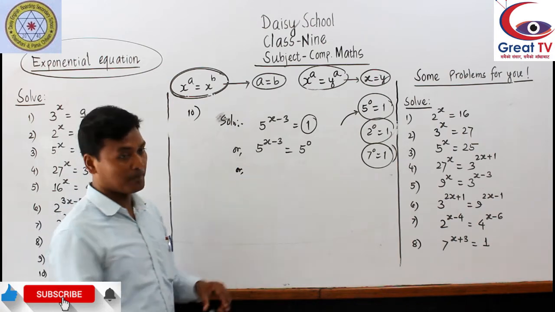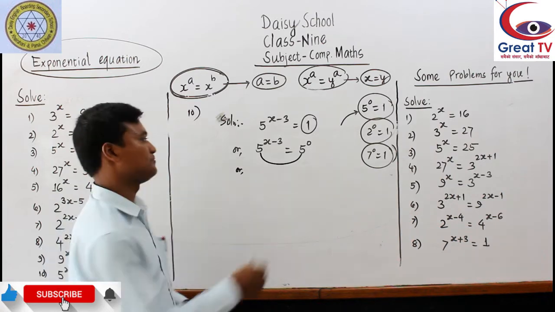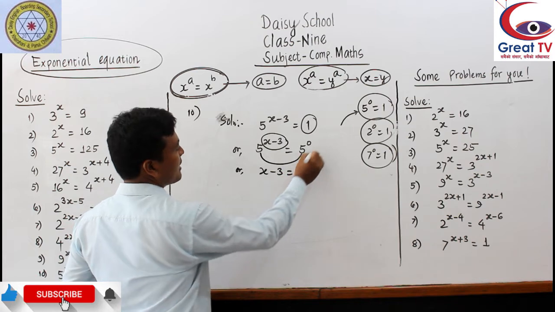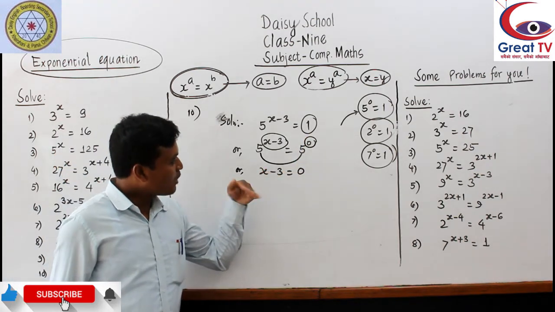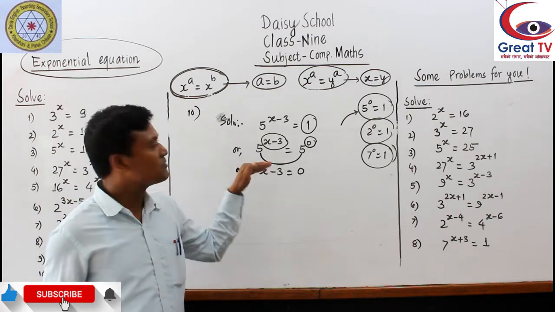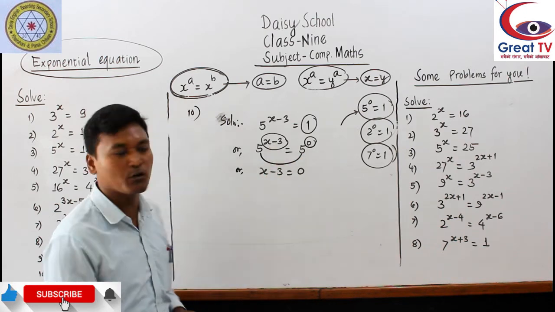After this, check the bases. 5 and 5. The bases are the same. And what is the power over here? x minus 3. On the right side we have 0. Then what concept did we use? We have used the same concept: if the bases are the same, the powers are equal.